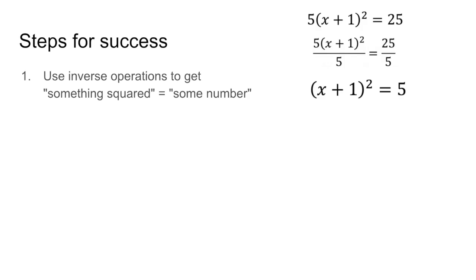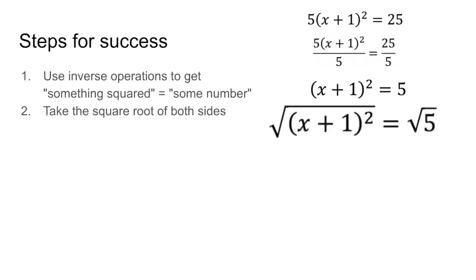So let's review what we did. One, we used inverse operations to get something squared equals some number. In this case, we divided both sides by 5 to get quantity x plus 1 squared equals 5. Then we took the square root of both sides. Square root of x plus 1 squared equals square root of 5.